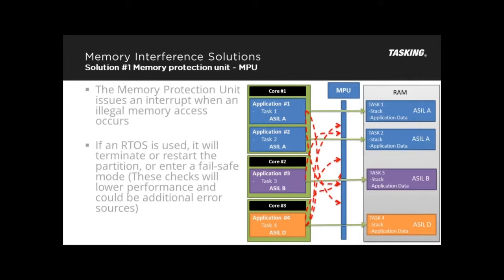Once there is unauthorized access from one or more applications to the memory, the MPU handles it and generates an interrupt. And if you are using a runtime operating system for your application, which is most probably the case, you have to handle this interrupt in your application.